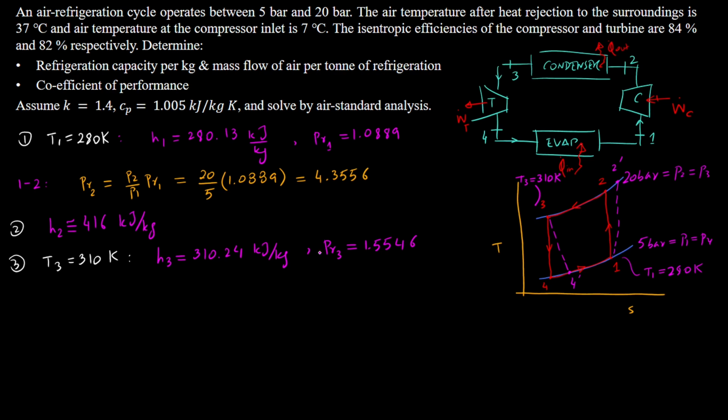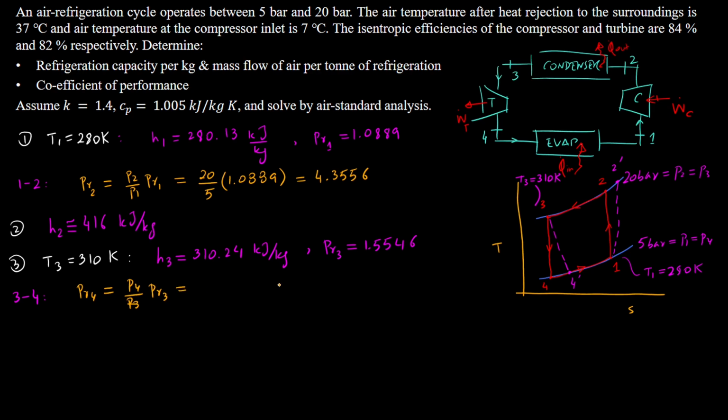And now for process 3 to 4, which is the isentropic process, the ideal process, again we evaluate PR4 by using the same relationship. So PR4 by PR3 is going to be equal to P4 by P3. So it's P4 by P3 multiplied by PR3.